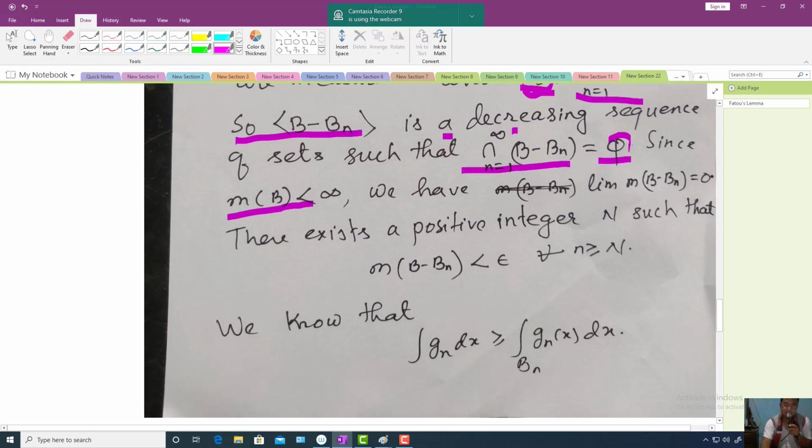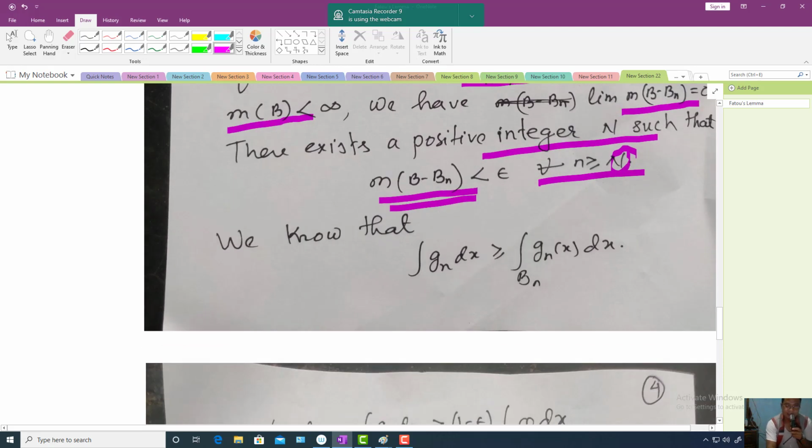So again by the definition of limit, there exists some positive integer capital N such that the measure of B difference Bn is strictly less than epsilon for all n greater than or equal to capital N, because this limit is tending toward 0. So this is true for some arbitrary small number. We should be able to find a positive integer N such that for all n greater than or equal to capital N, this inequality is true.